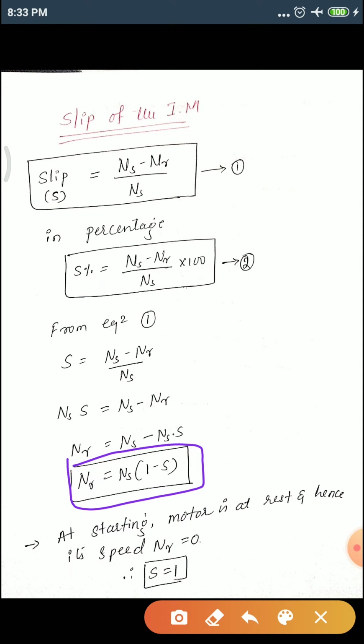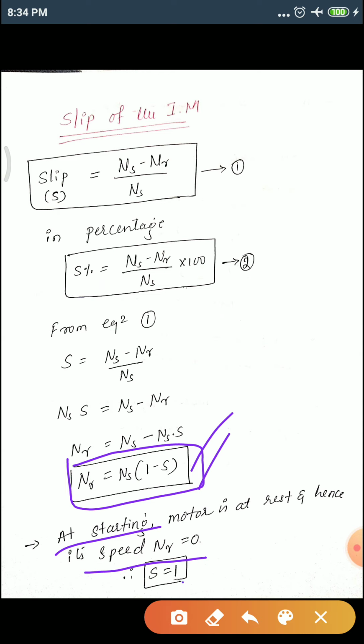Remember, at starting the motor will not be rotating, it is at rest, hence the speed NR is equal to 0. If you substitute NR equal to 0, it means S is equal to 1.